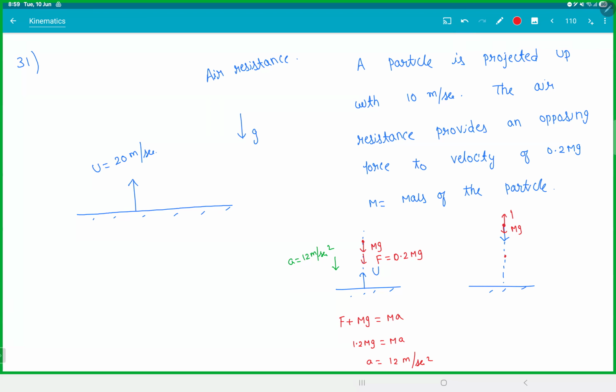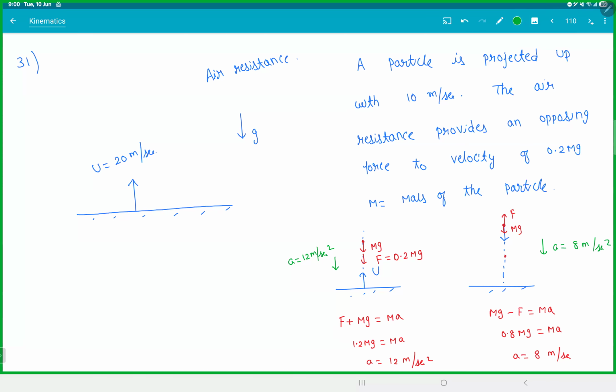So the air resistance will be up. So now the force will be mg minus F is equal to ma. This will be 0.8 mg is equal to ma. So acceleration will be 8. So when the particle is coming down, it will experience an acceleration of 8 meter per second square.